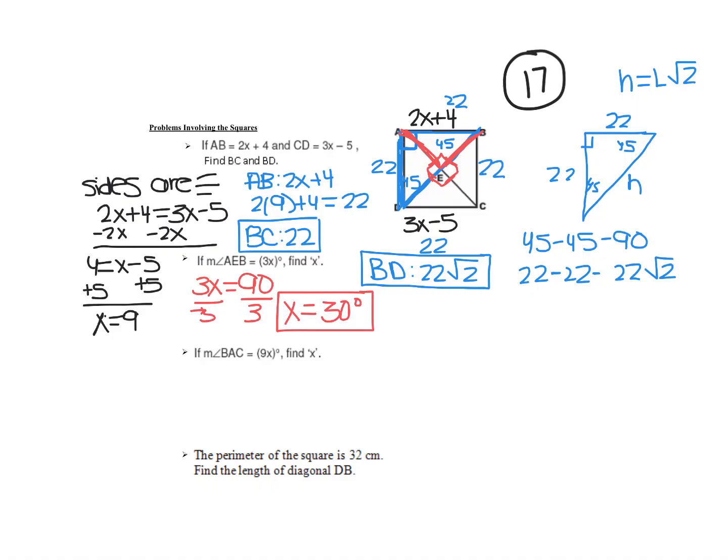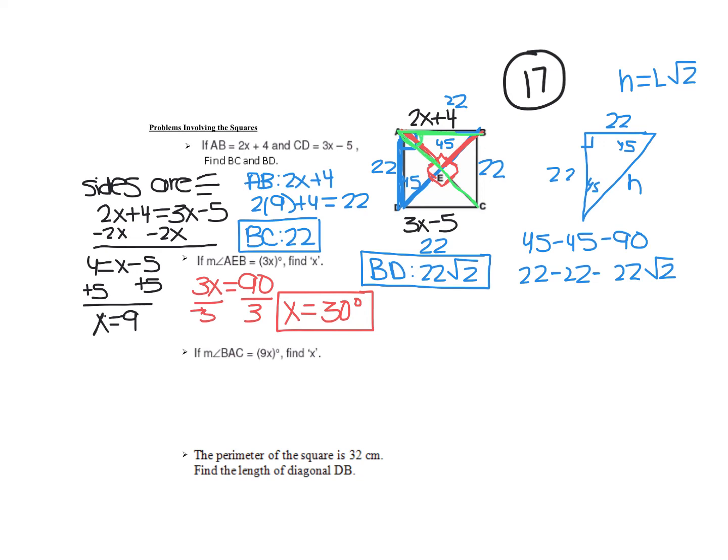Next, if BAC equals 9x, find x. So BAC is going to be starting at that upper right-hand corner, going to A, and then going all the way across to C. I'm highlighting it in green.